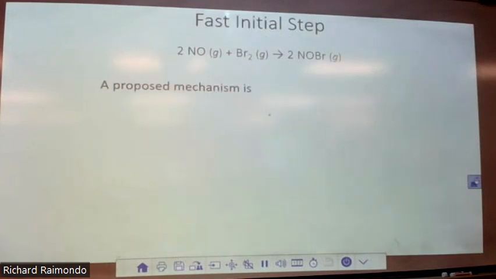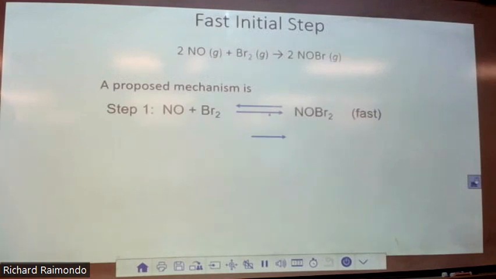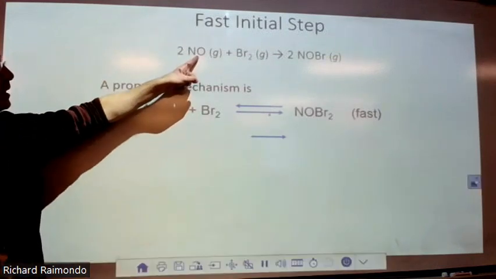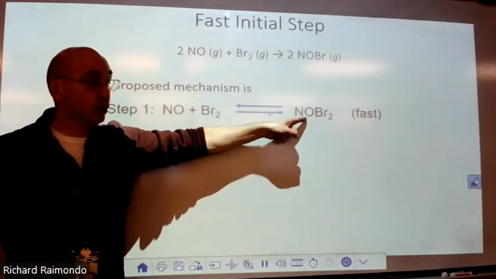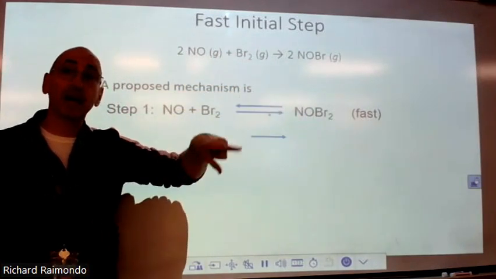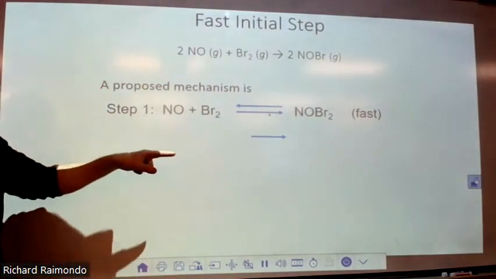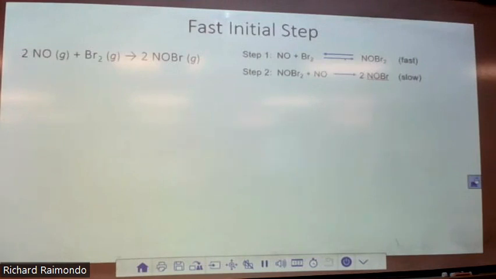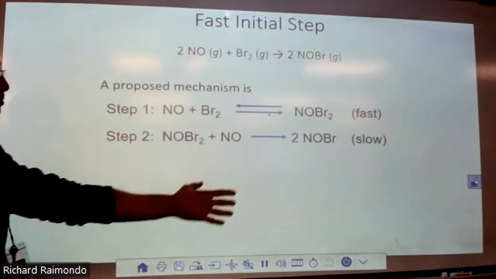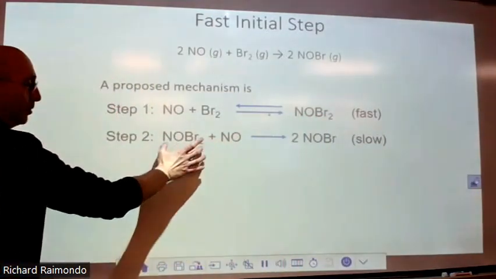Okay? And this is the proposed mechanism. They said the first step is that one of these collides with one of those and makes NOBr2. That's a fast step. That happens pretty quickly. And then what happens is you get the second step where this product is now used as a reactant.